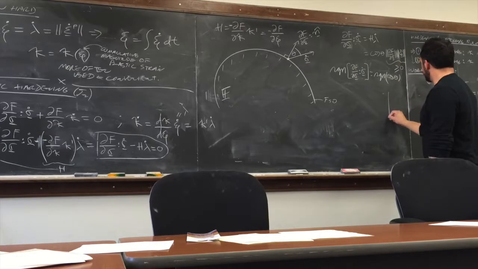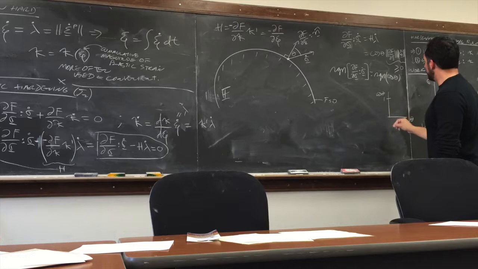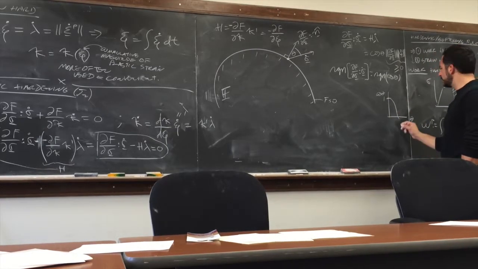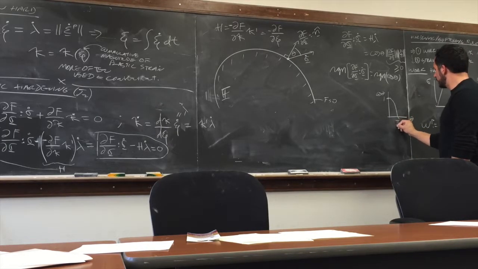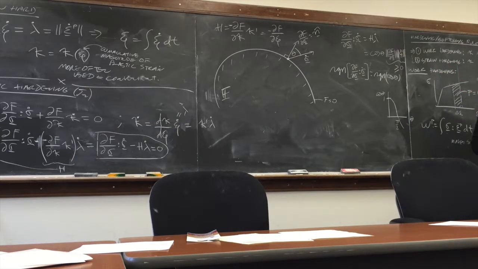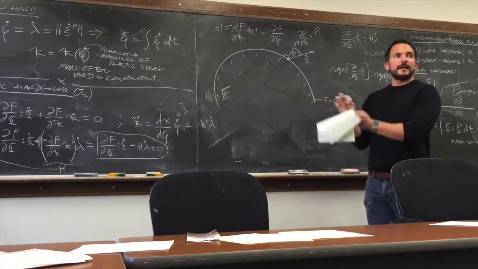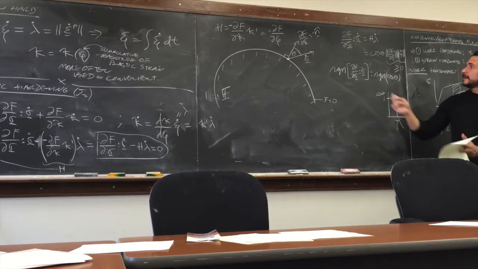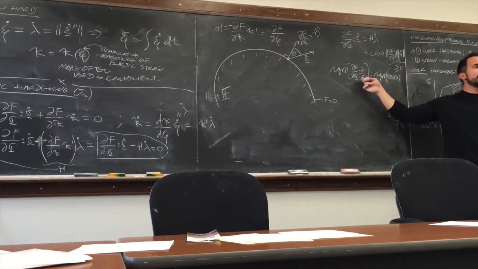Recall the cosine function. Cosine theta versus theta starts at 1, goes to 0 at pi over 2, right? Then it gets negative. Okay? So, as long as theta is acute, right, this inner product is positive. The moment these two guys are orthogonal, this inner product is 0.